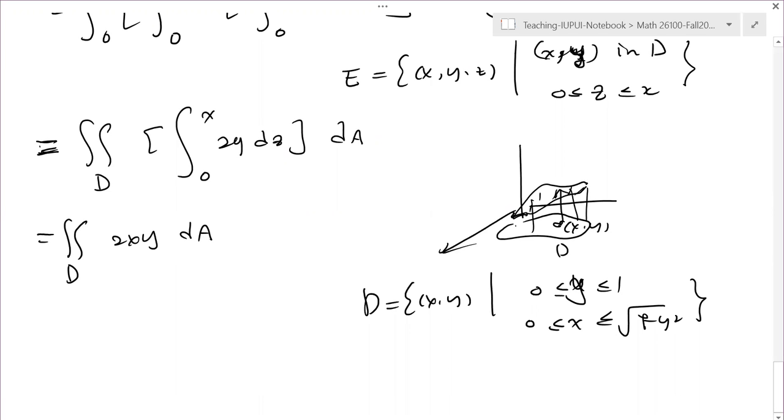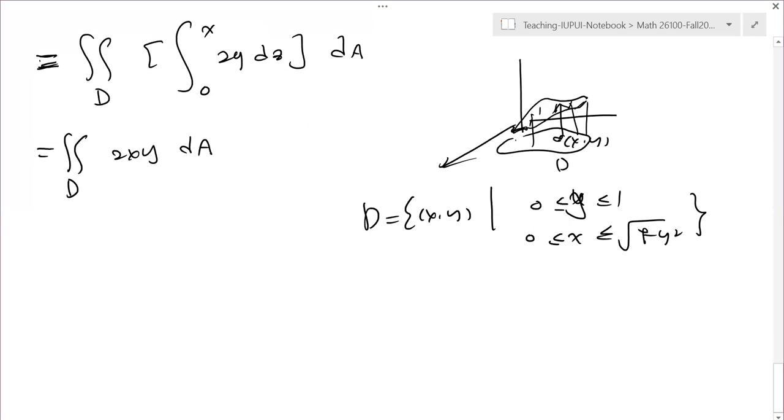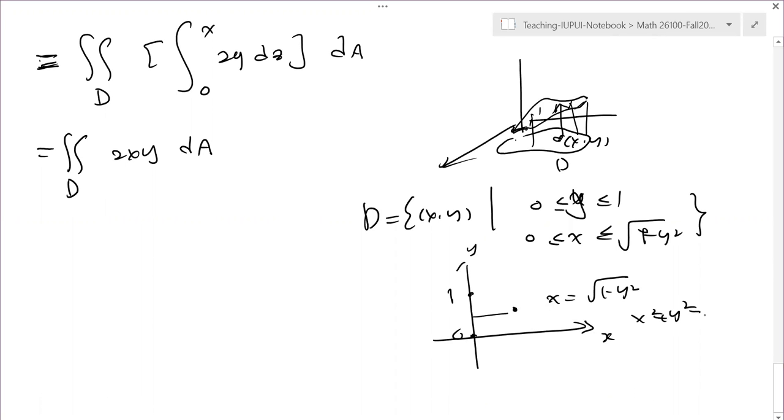All right, then you change the double integral to an iterated integral, because for each y value between 0 and 1, the x value is between 0 and something here. So the relation: x is equal to the square root of 1 minus y squared, so x squared plus y squared equals 1.